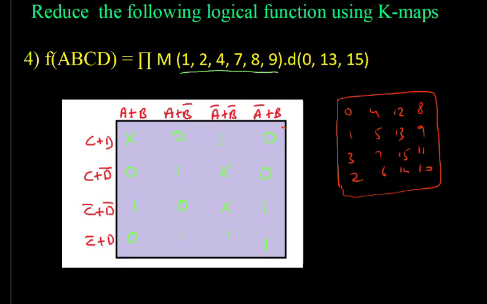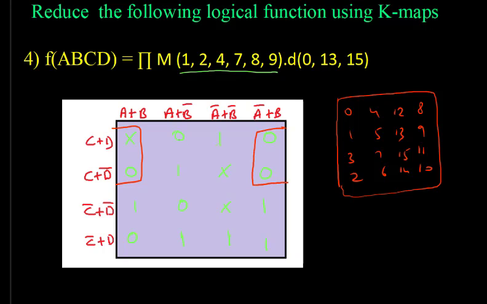Now let us check whether we are getting any octet. There is no octet. Now let us see if we are getting any quad. Here we find if we roll this, we get a quad.